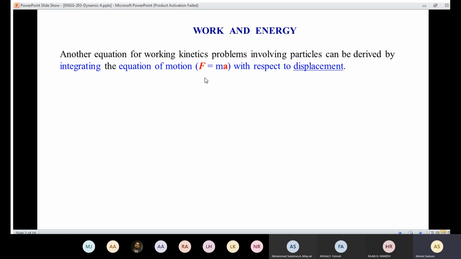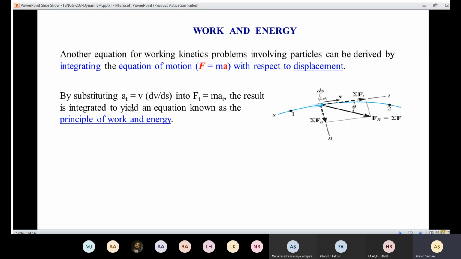So we are going to start with the equation of motion, this one here. And also from the kinematic equation, we define the acceleration a as v, the velocity, times dv over ds. So we can substitute the value of a and put v dv over ds here.